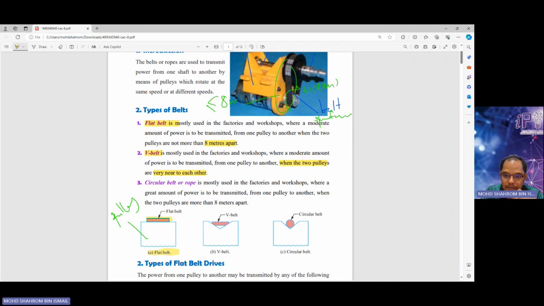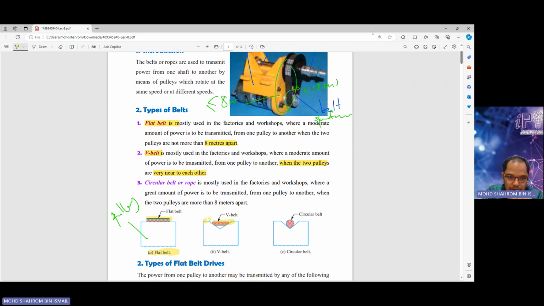If I may rephrase, when the two pulleys are very near to each other, then the V belt is a very good thing to use. So this is the V belt, and then you know where the pulley is and so on.